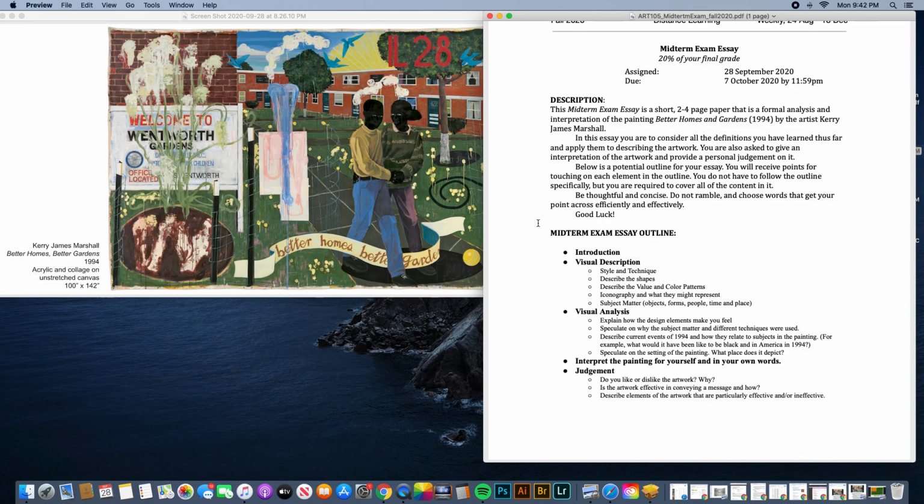You are also asked to give an interpretation of the artwork and provide a personal judgment on it. Below is a potential outline for your essay. You will receive points for touching on each element in the outline. You do not have to follow the outline specifically, but you are required to cover all the content in it. Be thoughtful and concise. Do not ramble, and choose words that get your point across efficiently and effectively. Good luck.